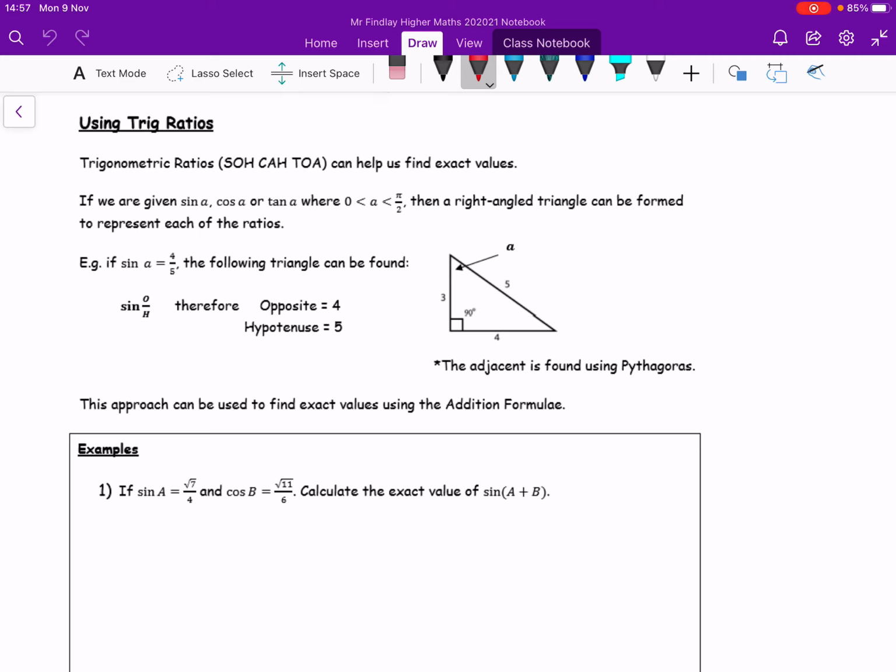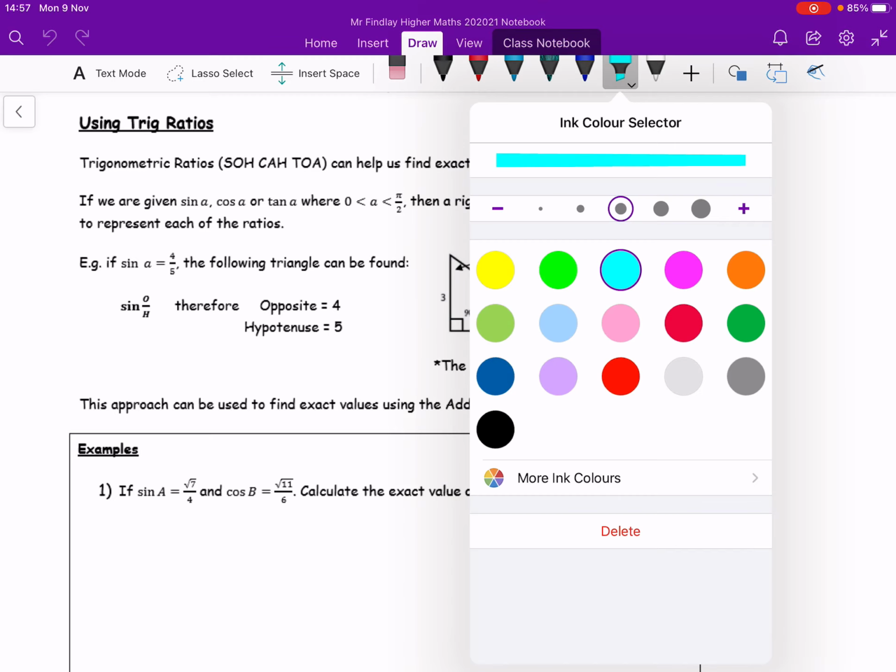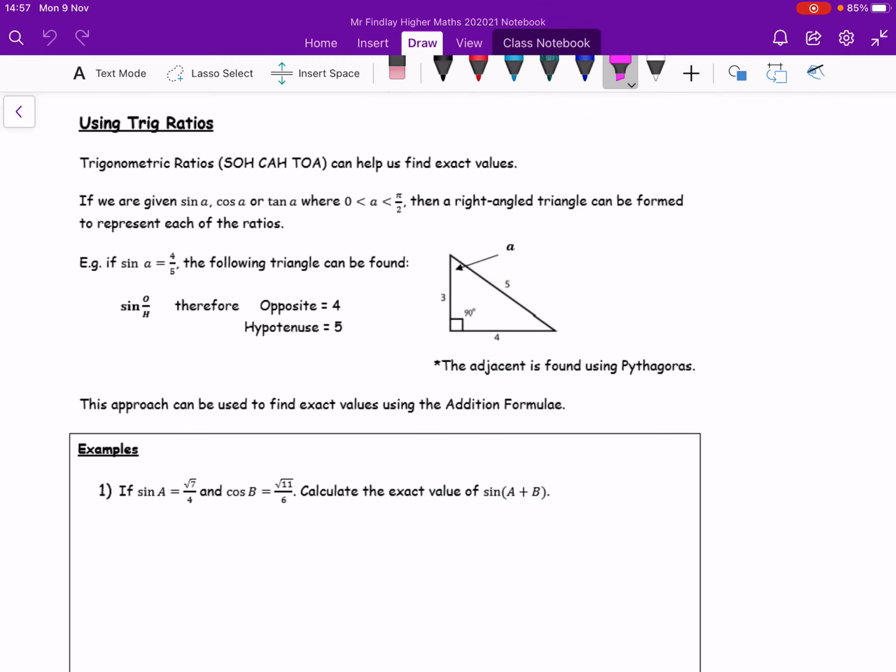Okay, so our basic trig ratios we've used since National 5. That's when we're given something as simple as sine, cos or tan is equal to our ratio, our fraction.